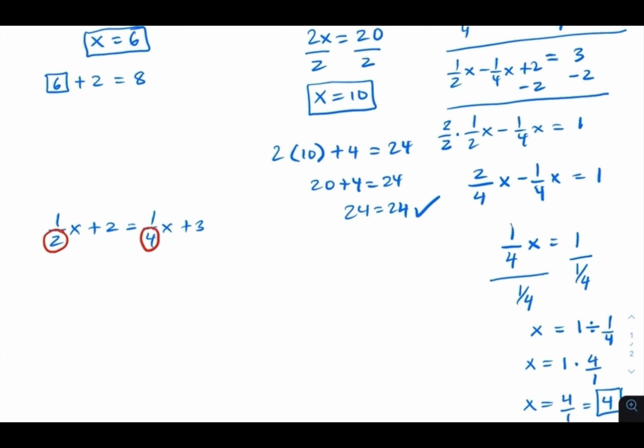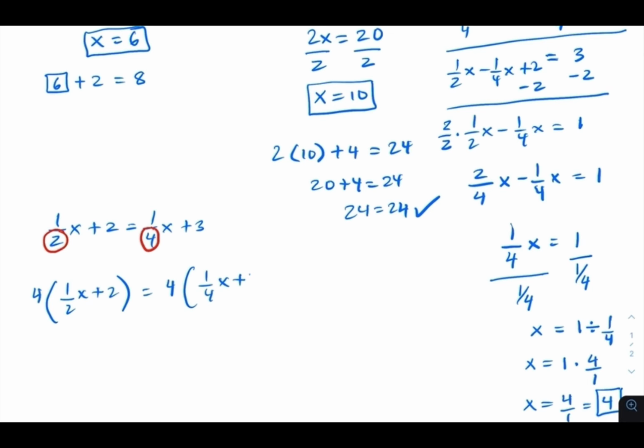And so now the concept here is you want to multiply that whole equation by 4. If you do that, all of your denominators cancel out, and then you will not have fractions anymore. So let's go ahead and do that. Multiply by 4 on the left side of this equation, and then multiply by 4 on the right side.